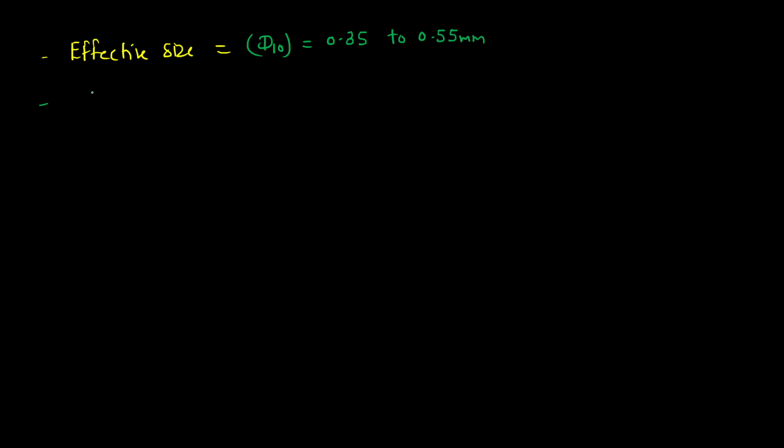So effective size is completed. Then uniformity coefficient. This is Cu, and it is calculated as D60 by D10. So this value comes around 1.2 to 1.8. Now there is one note that is important.